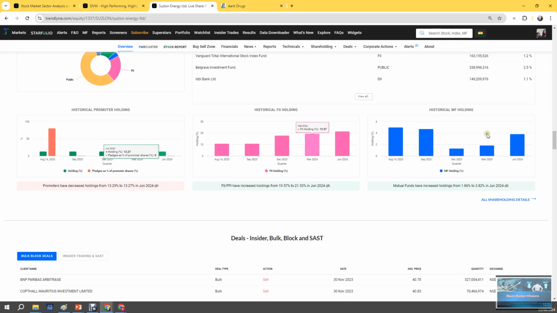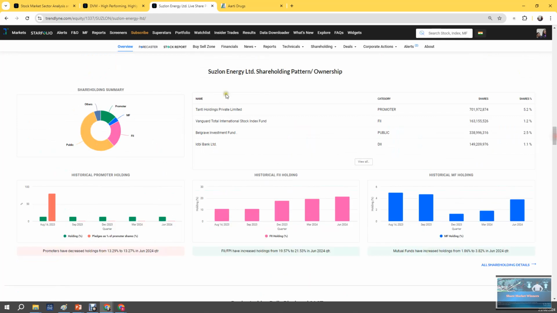But the only problem with this stock is the promoter holding is only 13.27%. Because they had higher debts, they would have sold so much of their stocks before to retain the company. So they are holding a very small percentage, but the public is holding more, comparatively to the FIIs and DIIs as well.